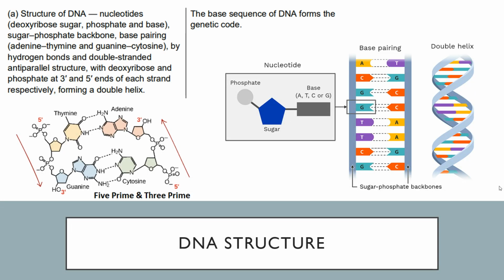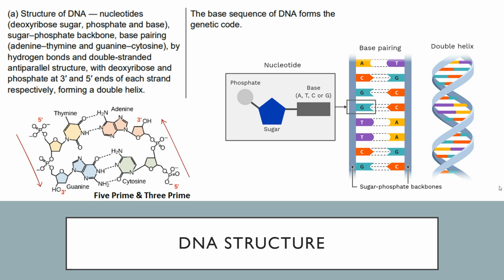So DNA is made up of its basic building blocks, nucleotides. It's thousands of these nucleotides all joined together, which are made up themselves of three key components that will come together to make a double strand. Bases will pair up in certain ways in the centre with a sugar phosphate backbone on the outside.